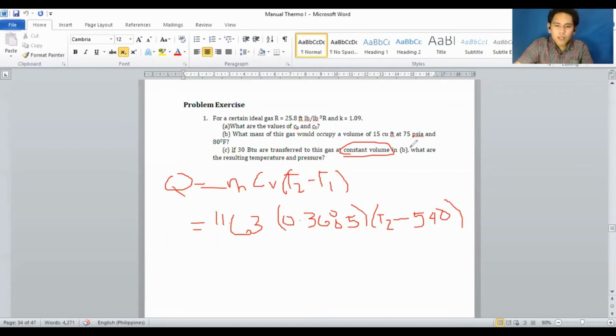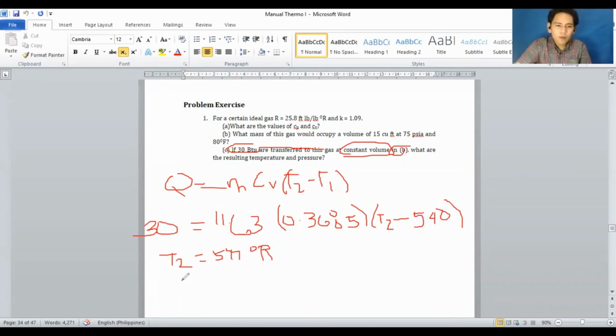We based this letter C on the values we obtained in letter B. Then, if there are 30 BTU of heat added to the gas, your heat is 30 BTU. So therefore, your T2 is equal to 547 degrees Rankine. This is your resulting temperature.